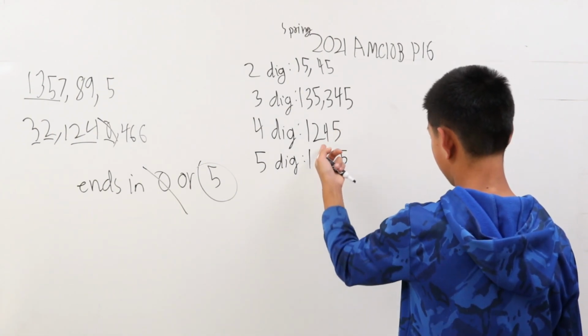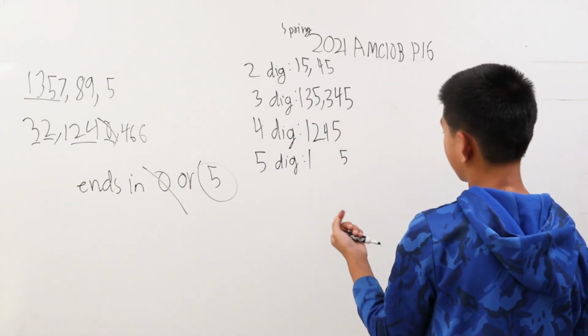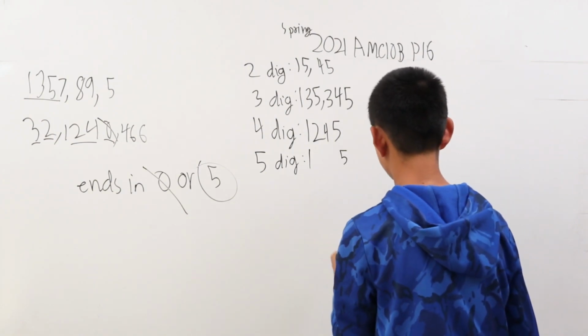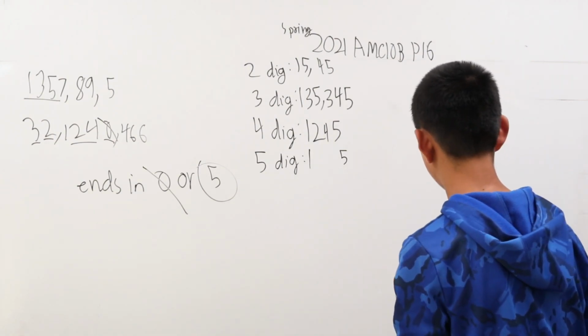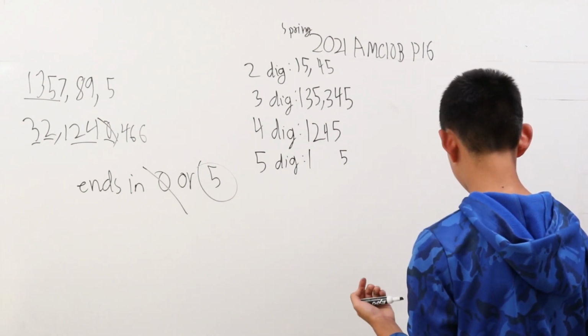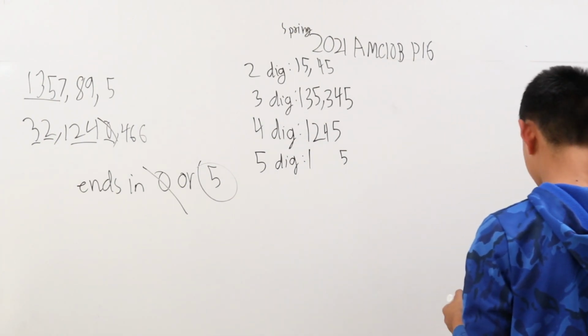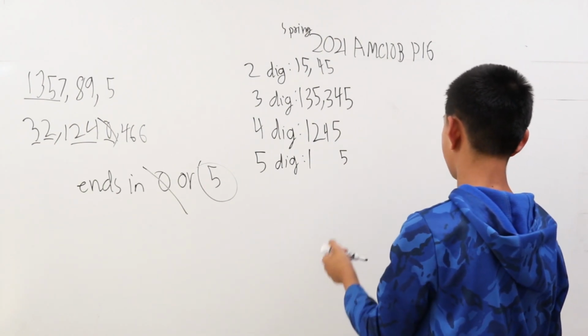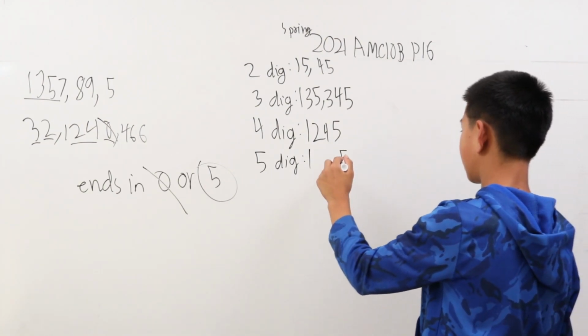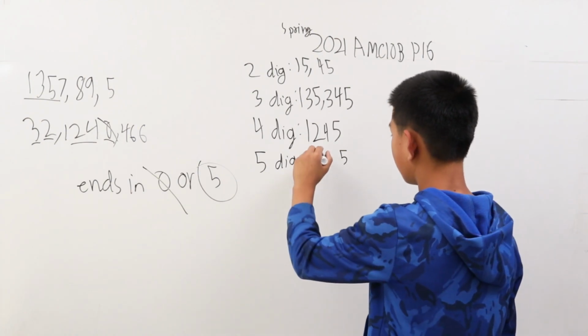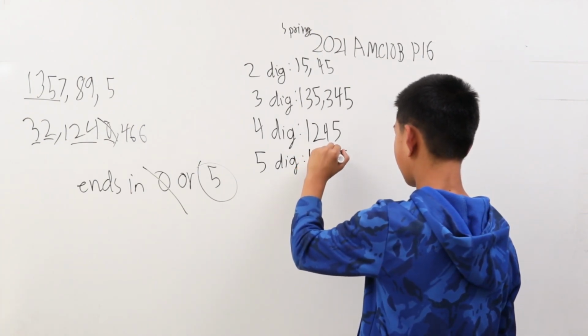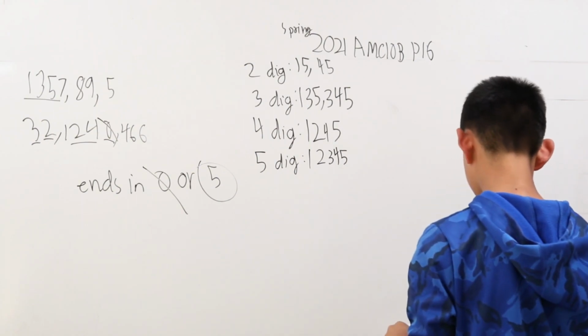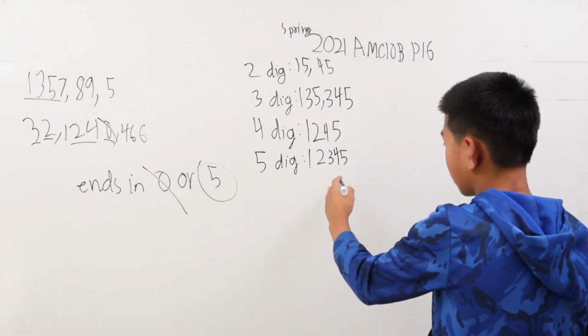It could be 12, and 12 works. And then the next multiple of 3 is 15. So we can do 15. This is already going to be 6, so we can knock out 6. The sum of these digits is going to be 9. Well, 2, 3, 4 is going to work. Yeah, that works for 5 digits.